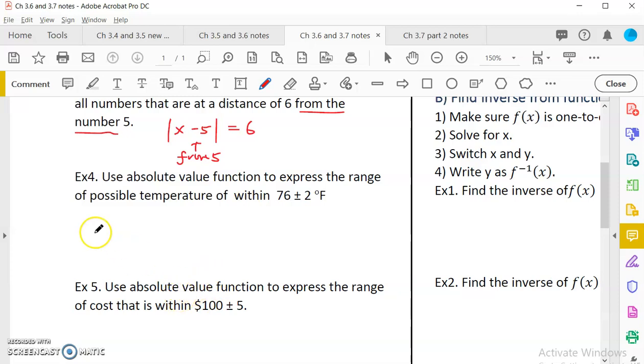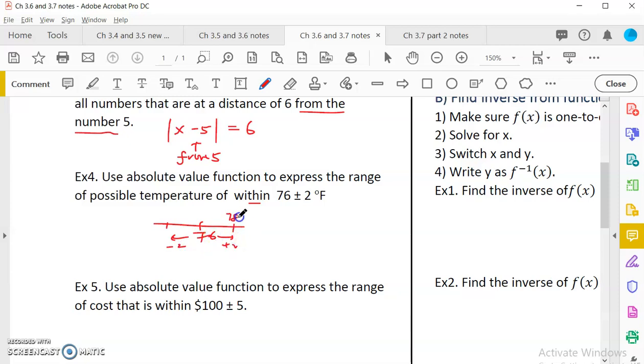Use an absolute value function to express the range of possible temperatures within 76 degrees plus and minus 2. So how can I express those? Within means less than. So 76 is our middle number. I want it to be minus 2 and also add 2 on this side.